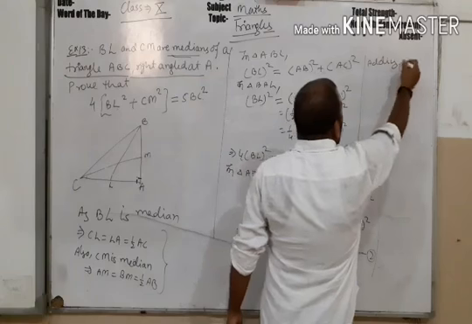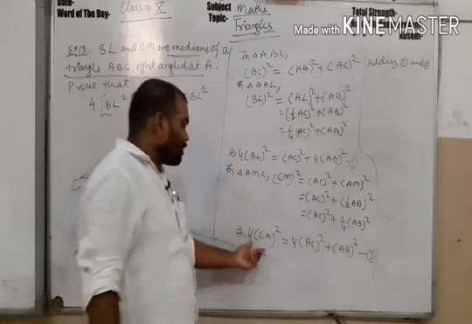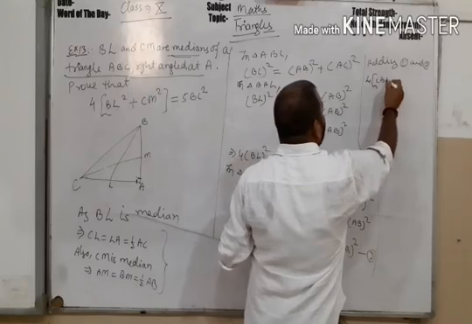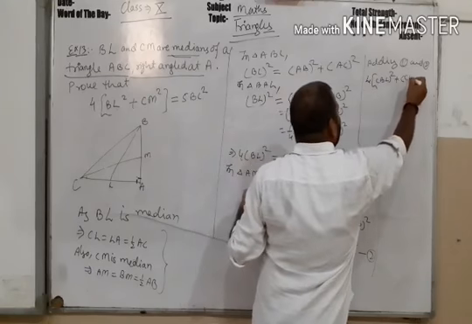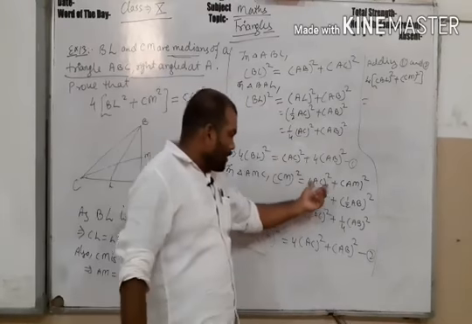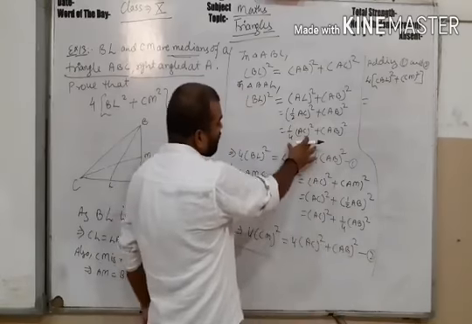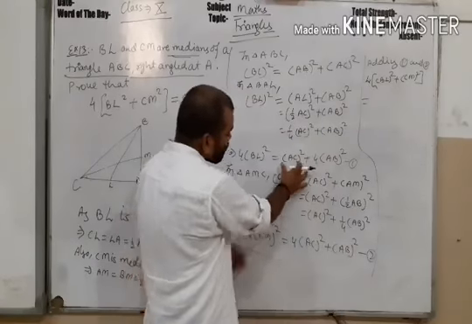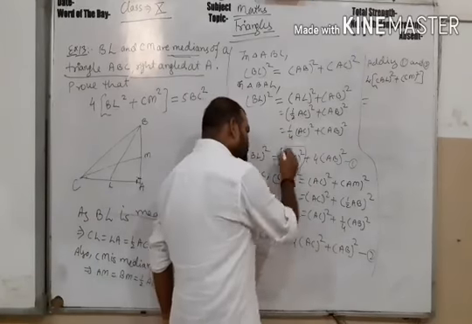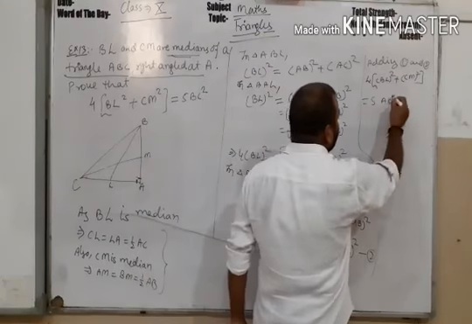Adding 1 and 2, this 4 times BL square plus 4 times CM square can be written as 4 times the square of BL plus the square of CM, which is equal to AC square plus 4 AC square, this becomes 5 times AC square.